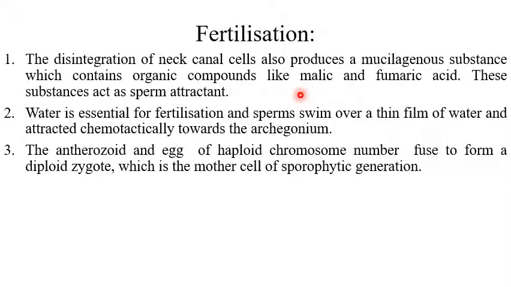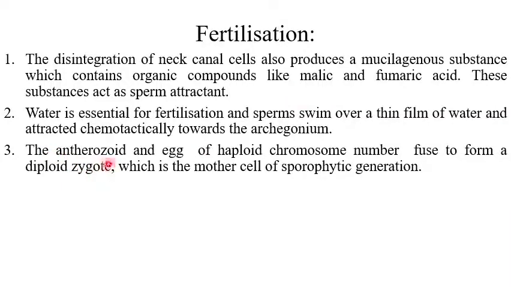Actually the neck canal cells of the fern archegonium are secreting some chemicals, and these chemicals attract the sperm. So when sperm is attracted by archegonium, then what happens?